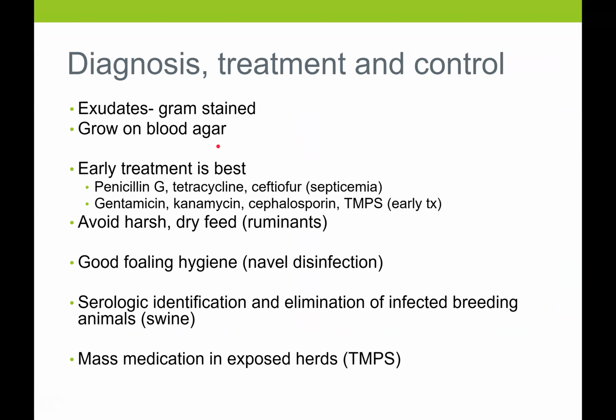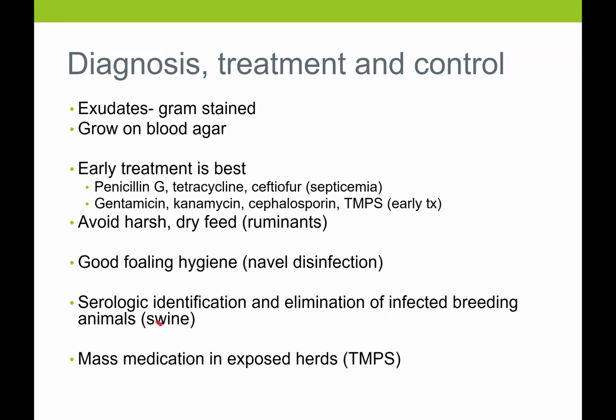For the diagnosis, treatment, and control, you have the exudates. You can gram stain them and then grow them on blood agar. Early treatment is best. So you can provide antibiotics that can kill the gram-negative bacteria. Avoid harsh dry feed. This is in ruminants. Good foaling hygiene, and navel disinfection in horses when they are born.